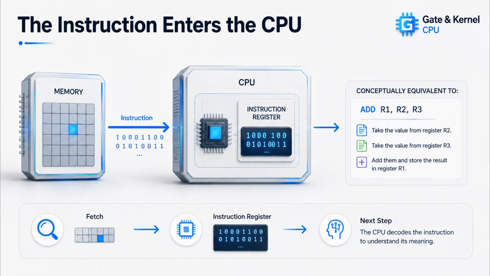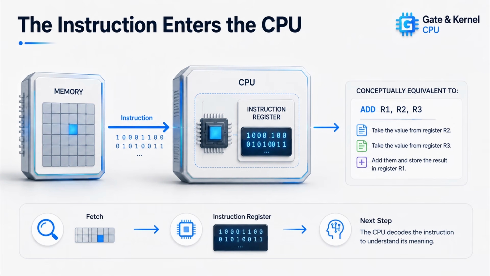4. The instruction enters the CPU. Once the instruction has been fetched, the CPU must hold it long enough to determine what it means. In simple processor diagrams, the instruction may be placed in an instruction register. Modern CPUs often use more complicated internal structures, but the principle is similar. The processor now has the binary instruction inside the CPU.